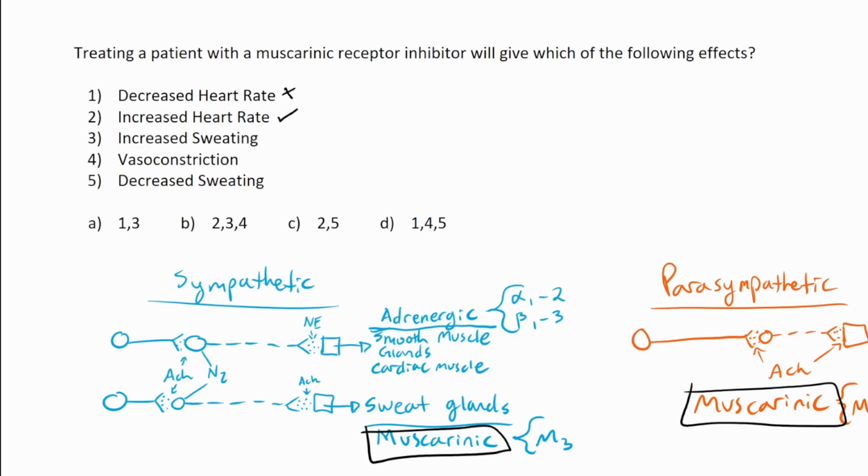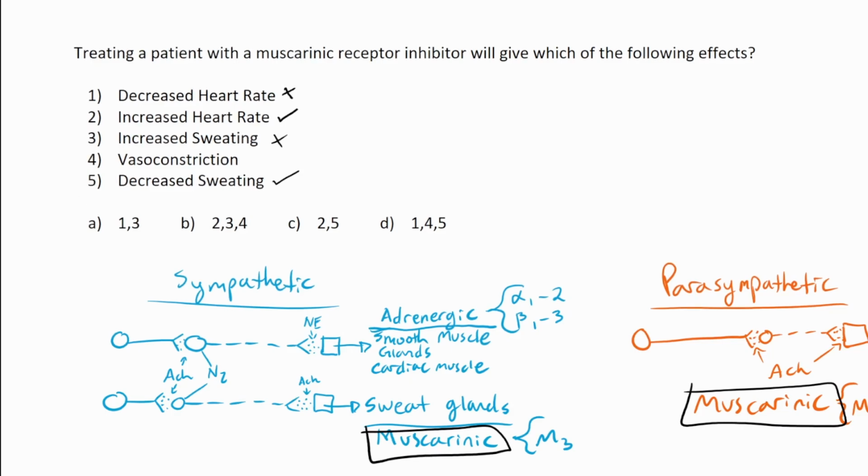Our sweat glands in the sympathetic are controlled by muscarinic receptors, and our parasympathetic system does not actually control sweat glands very much at all. And so we're going to inhibit the sympathetic, and we're going to end up with decreased sweating.